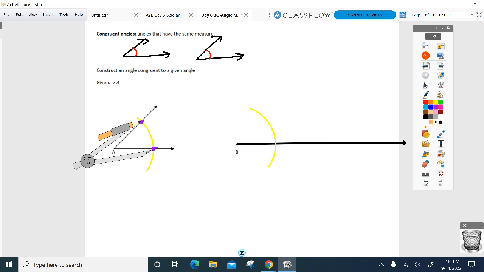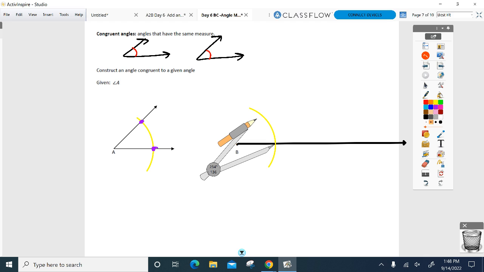Okay, ready? Finishing touches. We're going to come back over to the ray, but we are not going to put our point on B. We are going to put our compass point on where that arc intersected the ray. That's the huge thing you've got to remember about this.